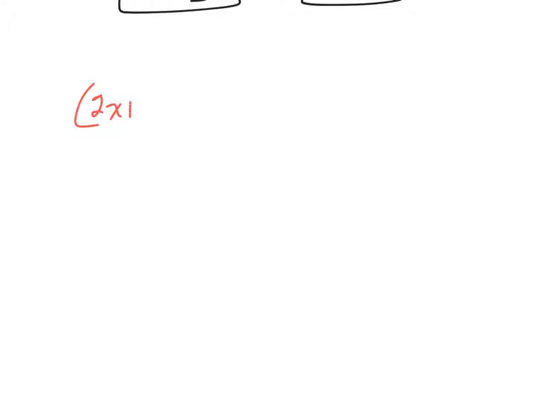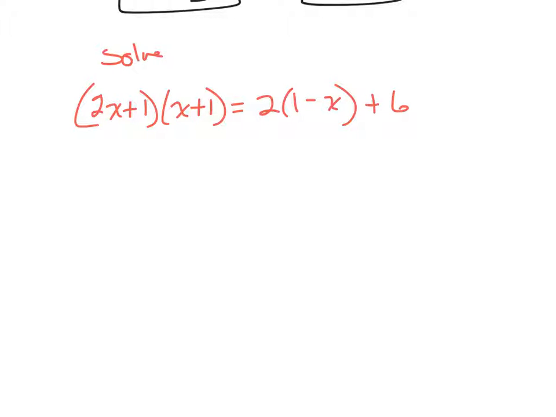2x plus 1 times x plus 1 is equal to 2 times 1 minus x, close the parentheses, plus 6. Your directions here are simply to solve.